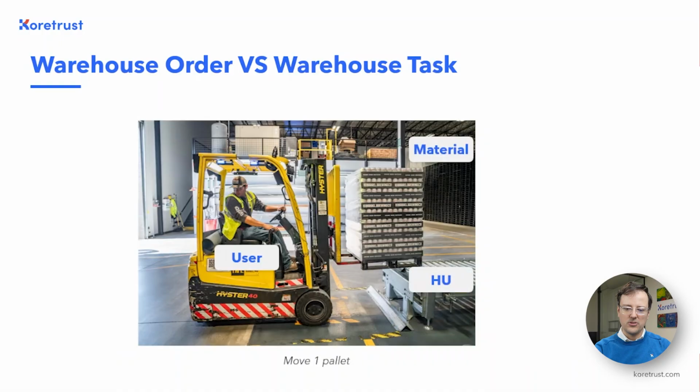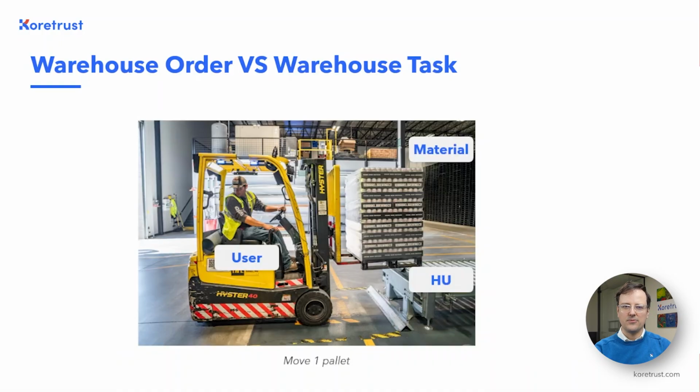Next, on the right, you see that I identified the pallet as a handling unit. So in this case, I'm thinking that maybe that pallet will be represented by one handling unit, and there will be materials inside. Now here, it really depends on how you configure the system. You don't have to have handling units, so you could run your processes and activities without handling units. They're not mandatory.